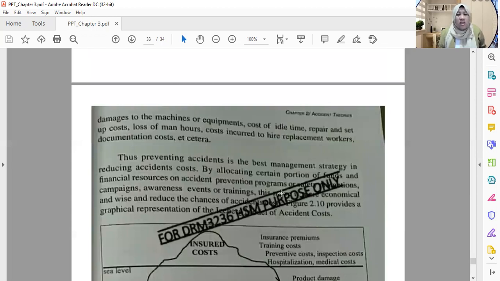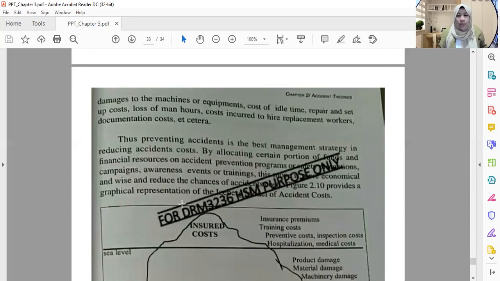Damages to the machine or equipment, the idle time, repair and set-up cost, cost of loss of man hours, cost incurred for hiring a replacement, because if a worker is injured we have to replace them with a new worker, right? And documentation cost, of course, and so on.